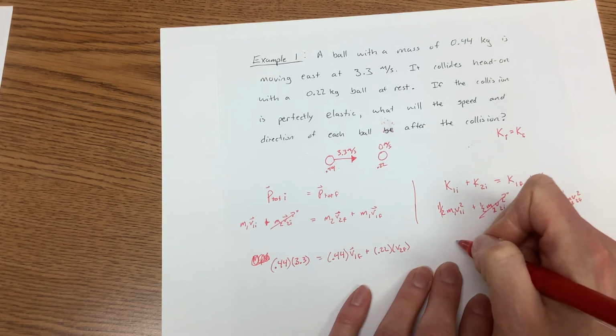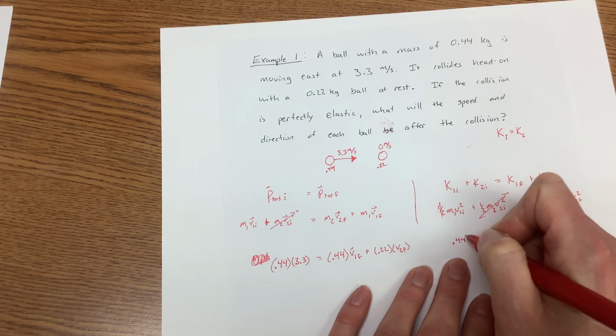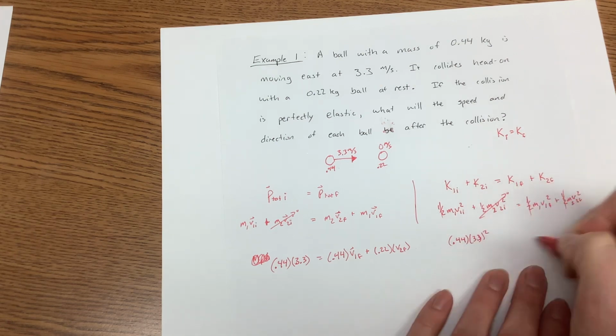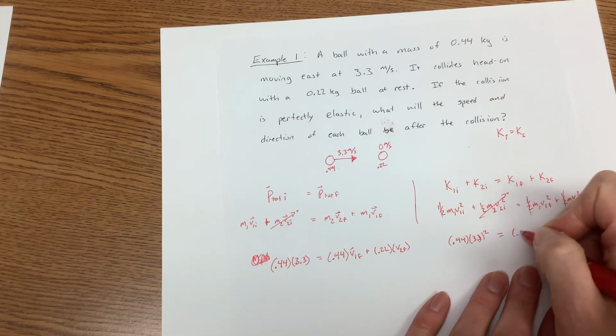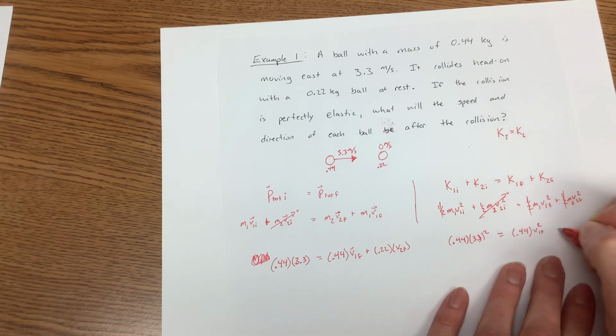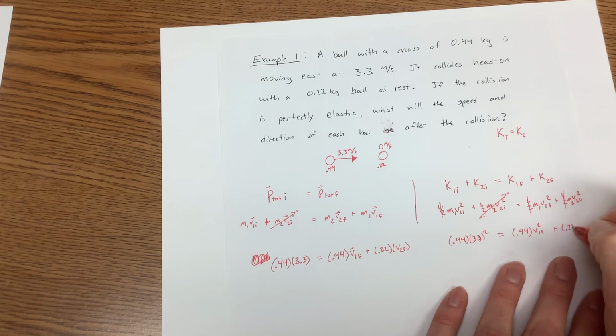And then I've got 0.44 times 3.3 squared equals 0.44 times V1F squared plus 0.22 times V2F squared.